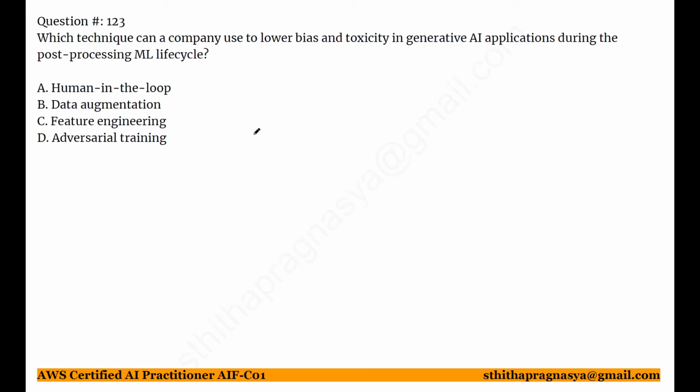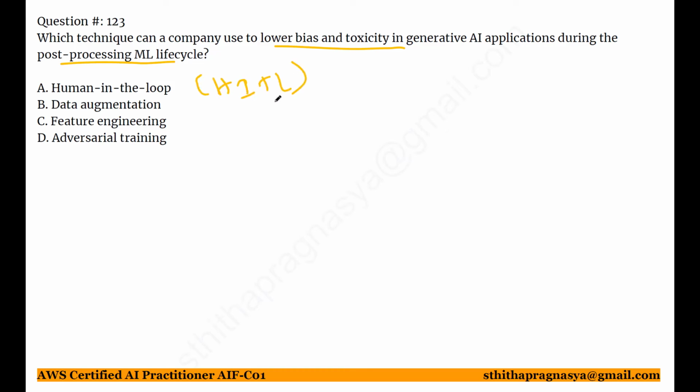The question asks which technique a company can use in the post-processing ML lifecycle to lower bias and toxicity in generative AI applications. Option A, human in the loop, or in short it is also called HITL.